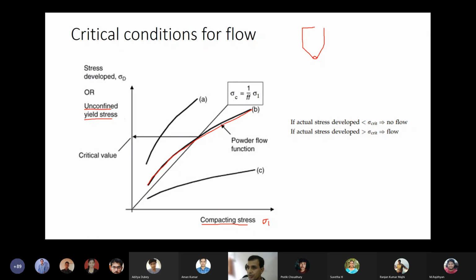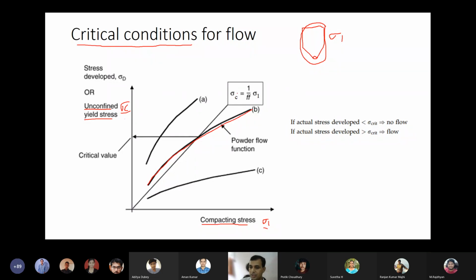For a given silo, the particles will be subjected to certain compacting stress. Based on the existing conditions of that silo, we want to find out the critical unconfined yield stress value. That comes from the graph of sigma c versus sigma 1.